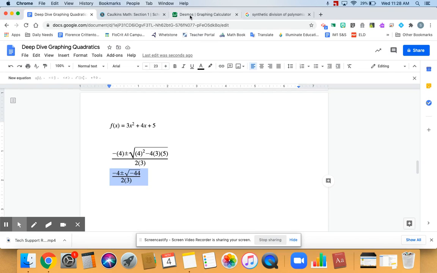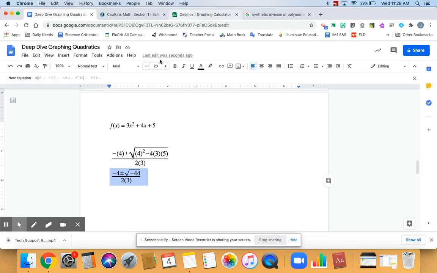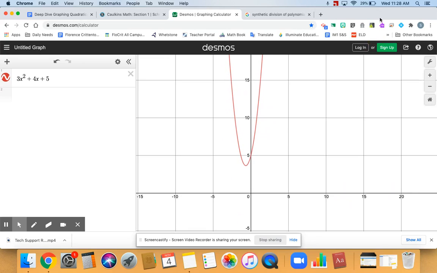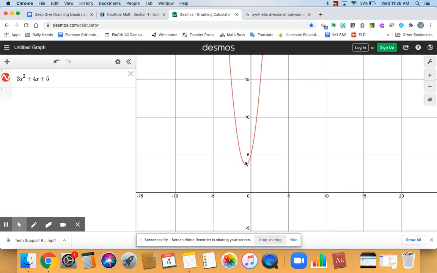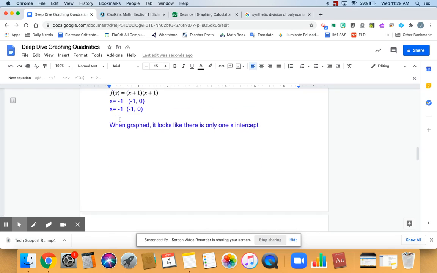If you remember when we talked about graphing imaginary x-intercepts, it means you don't actually see them on the graph. If I were to put this in the graphing calculator, look, it's not crossing my x-axis at all. It's all the way up there. It has no x-intercepts, and it's because they're imaginary x-intercepts. So that could be true even with higher degree polynomials.